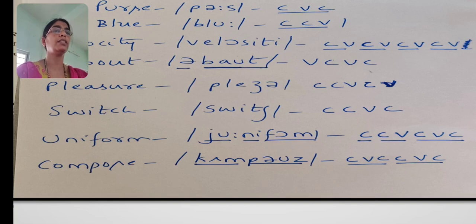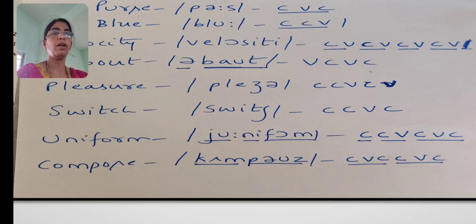When we say these C, C, V, C, V, C, we are referring only to vowel sounds and consonant sounds, not the letters. Letters are different, sounds are different. Never get confused between sounds and letters. So forget the spelling, just transcribe it into phonetic script and then decide the sounds and structure of that word.